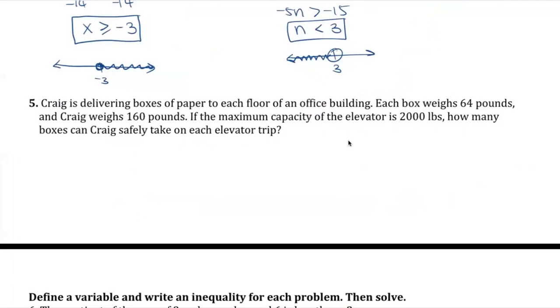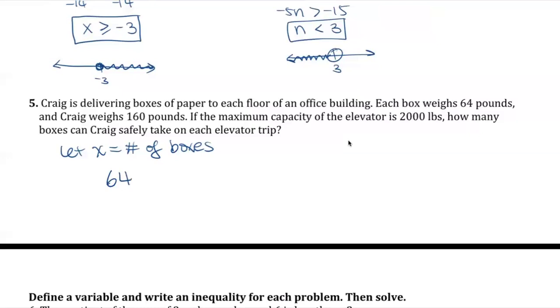Okay, number 5, we have a word problem. It says, Craig is delivering boxes of paper to each floor of an office building. Each box weighs 64 pounds and Craig weighs 160. If the maximum capacity of the elevator is 2,000 pounds, how many boxes can Craig safely take on each elevator trip? When I have a word problem, I like to set up what my variable is. So I'm going to let x be equal to the number of boxes.